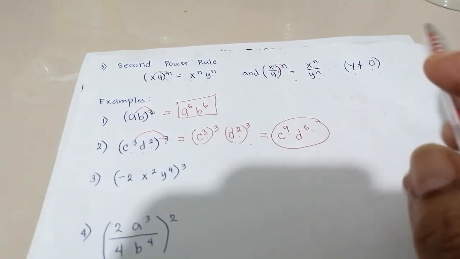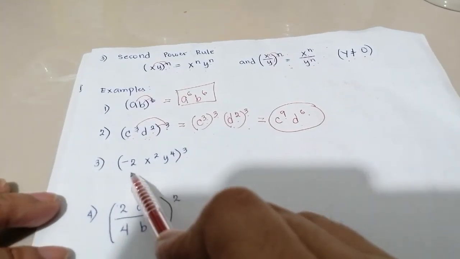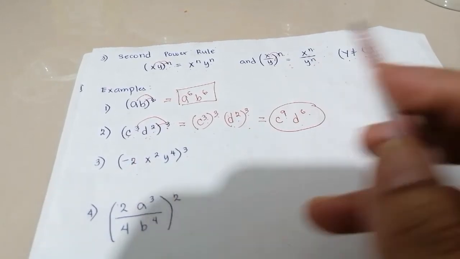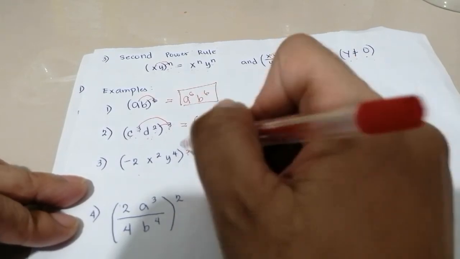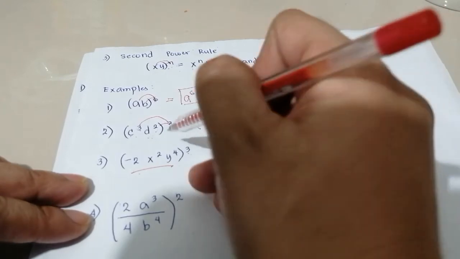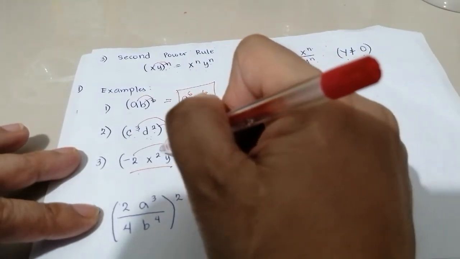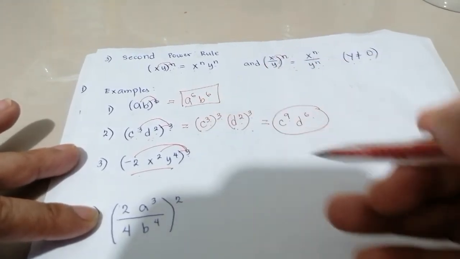Okay? Next is this one. So, for this one, we have variables at the same time coefficient. And then again, the rule is we need to distribute the outside exponent to the ones inside the parenthesis. So, i-distribute natin yan. Meaning, i-distribute natin yung 3 sa 2, yung 3 sa x squared, at yung 3 sa y raised to the 4th power.